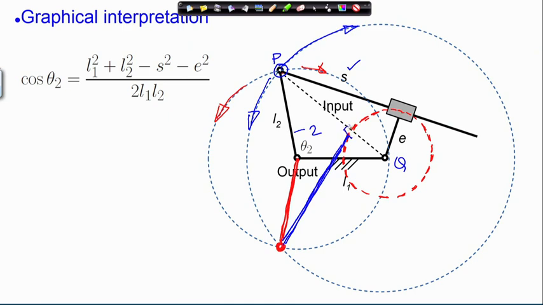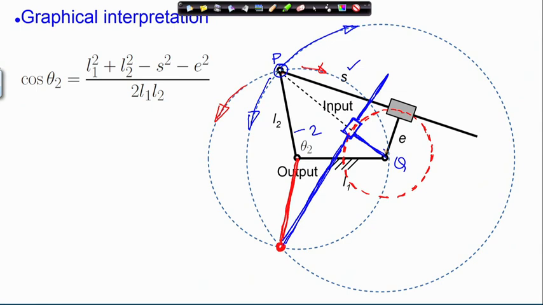And therefore, the mechanism is going to look something like this. So, this is the second configuration of the mechanism.